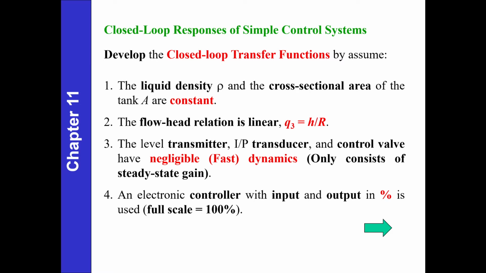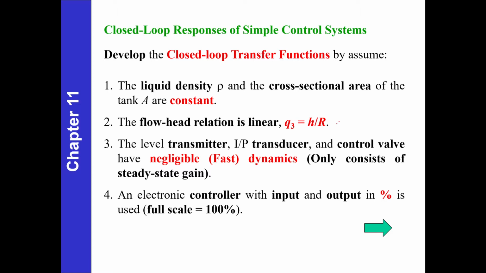Okay, these are some assumptions related to this control system. The first one is that the liquid density rho and the cross-sectional area of the tank are constant. And the flow-head relationship is linear.